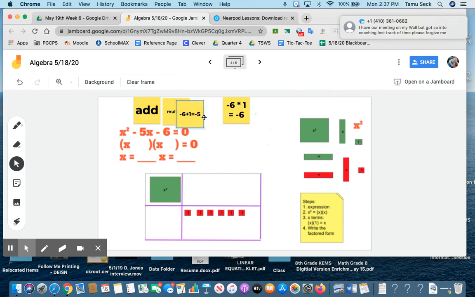So -6 and 1 are the answer. -6 times 1 is equal to -6, and -6 plus 1 is equal to -5. So our two numbers are -6 and 1. So we have -6 right here.